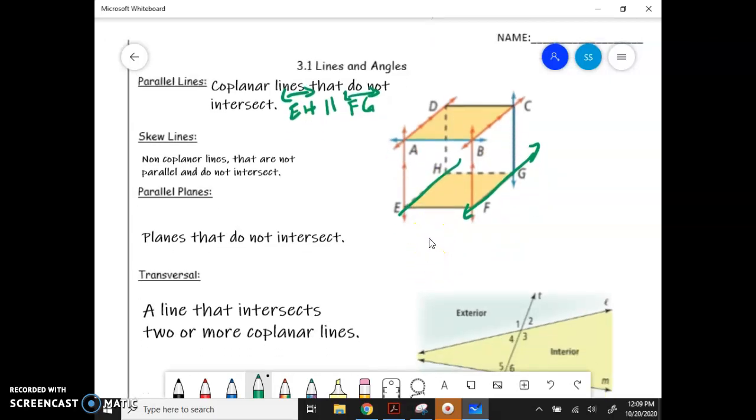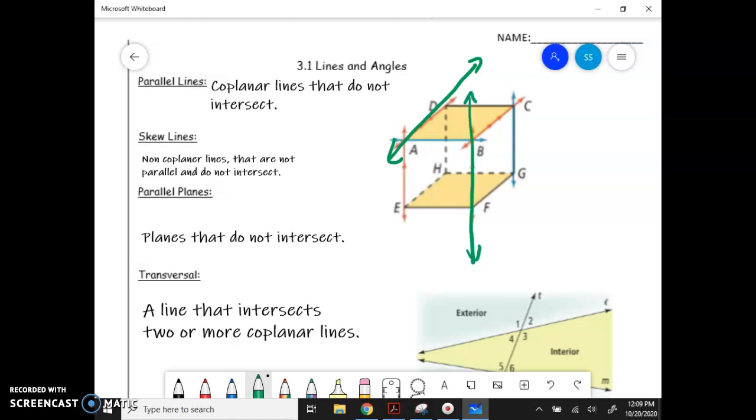Skew lines. I'm going to go ahead and erase this. Skew lines are non-coplanar lines that are not parallel and do not intersect. So a good example of that would be line AD and BF.